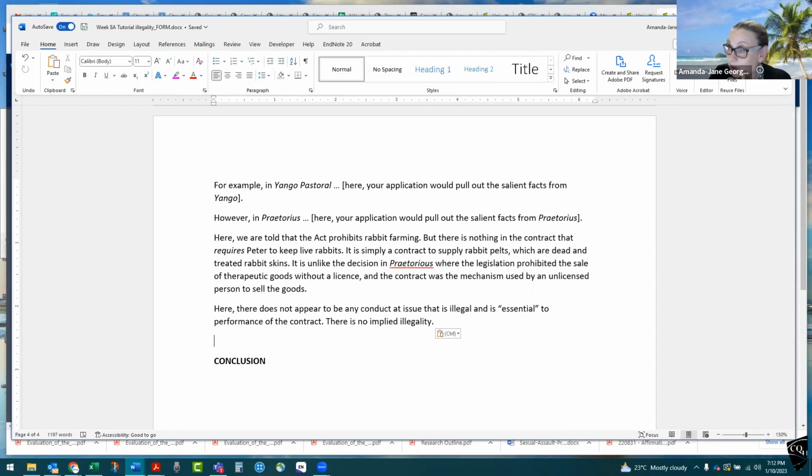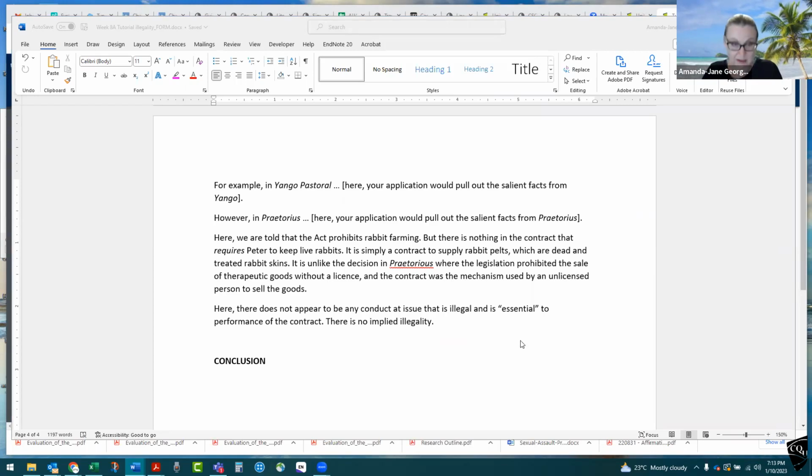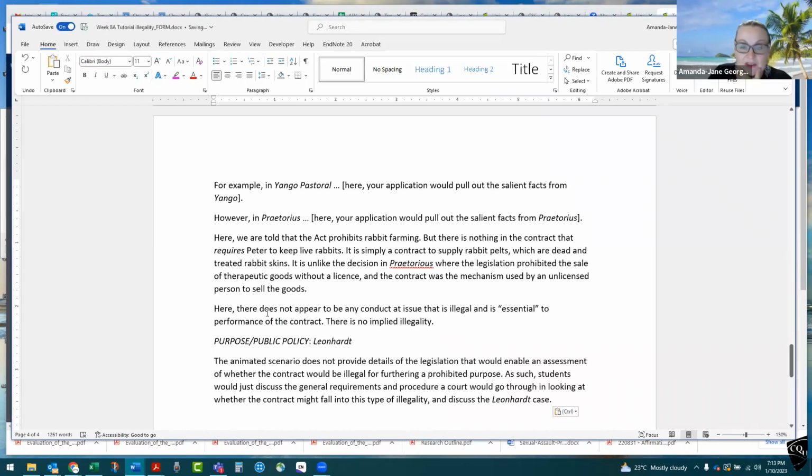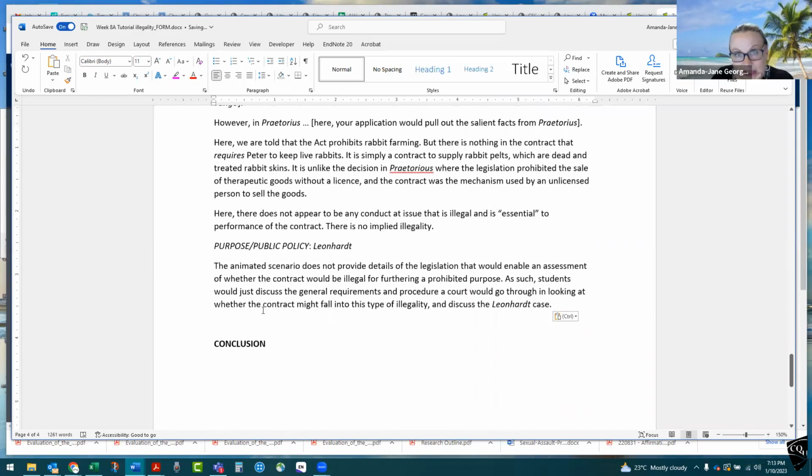Then you would go through public policy and furtherance of an illegal purpose. And like I said, it doesn't actually give you the legislation to be able to work out whether or not this thing's going to be in furtherance of an illegal purpose.